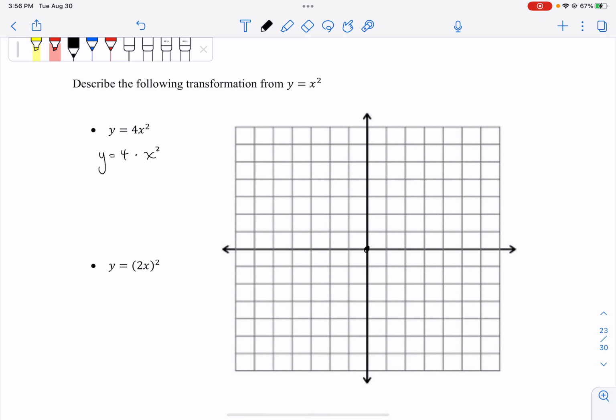If this is your original, and it looks something like this, then your new one is just going to times everything by 4. Right here, right here, right here. I can't times this by 4 because it's going to be 16. Okay? But 1 times 4 is already 4, like we put over here. And you just stretch everything out.